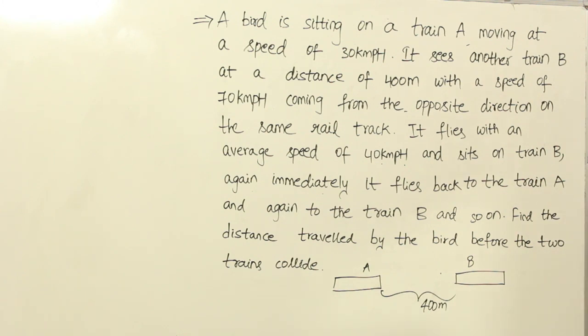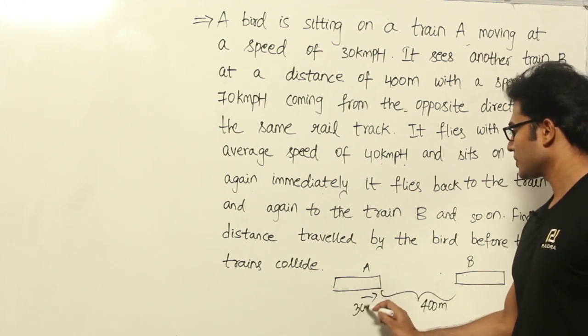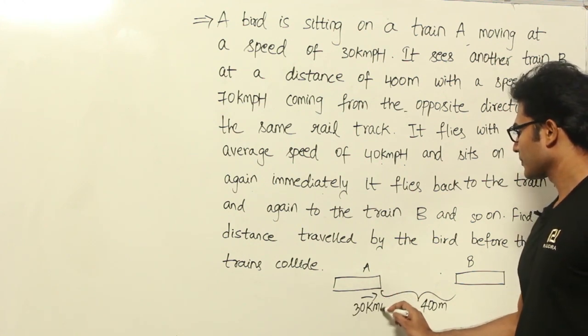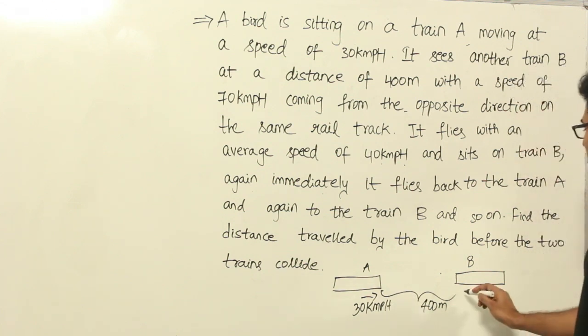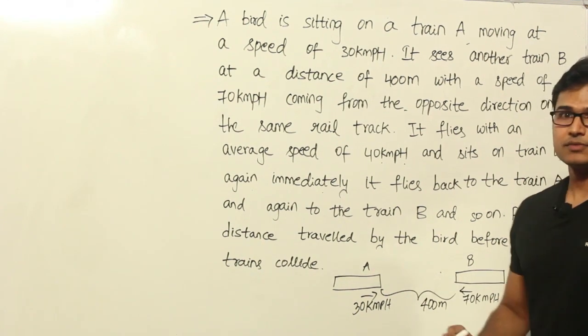Train A is moving at a speed of 30 kilometers per hour, and train B is moving at a speed of 70 kilometers per hour, right? And they are definitely going to collide. That is what is given.